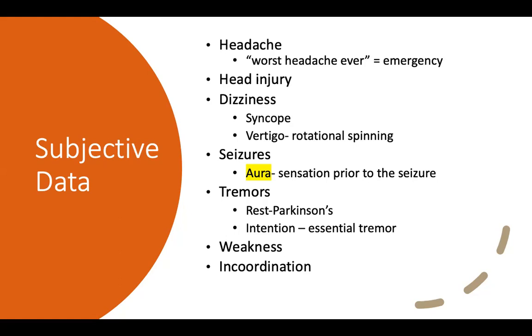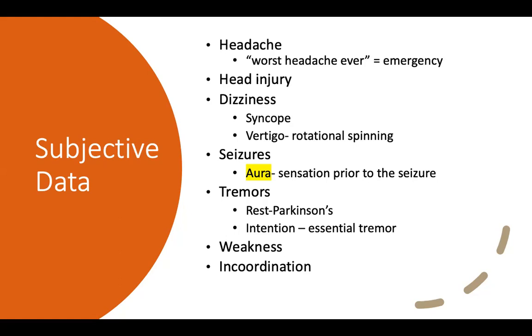If the tremor is made worse with intention, we call it an essential or familial tremor. So this is not Parkinson's. It's disruptive, but it's relatively benign. It's important to be able to differentiate between the rest and the intention.